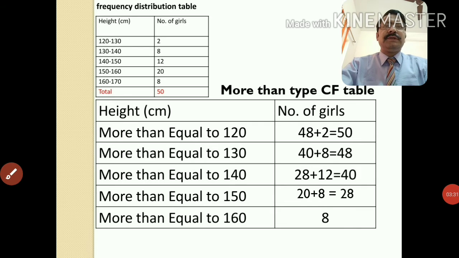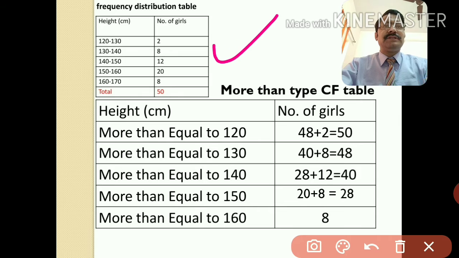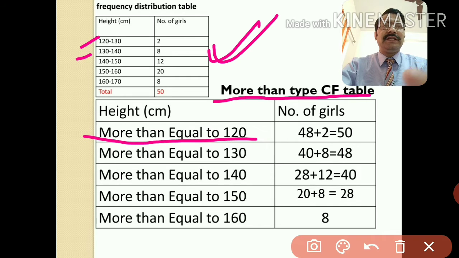Look here, all of you. This frequency distribution table is given to you, and you have to change it into a more than type CF table. More than type CF table means we will take the lower limit. So more than 120, more than 130, more than 140, more than 150, more than 160.